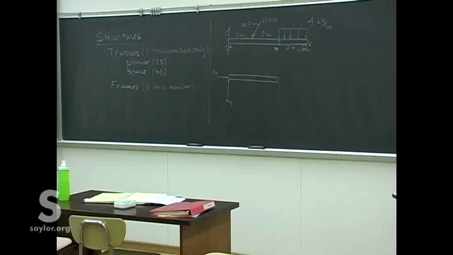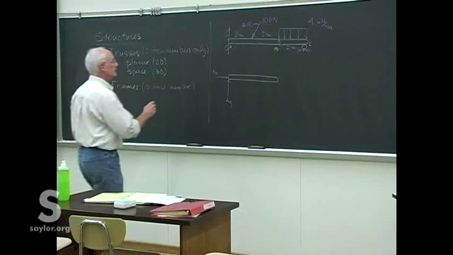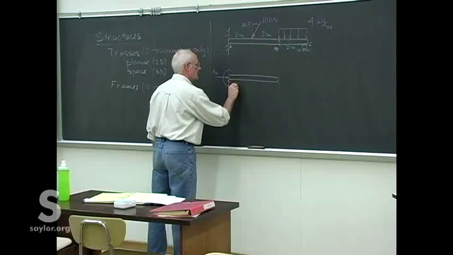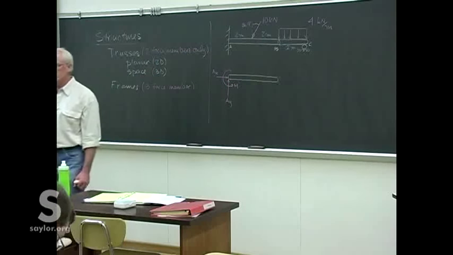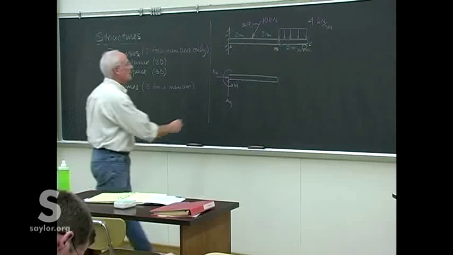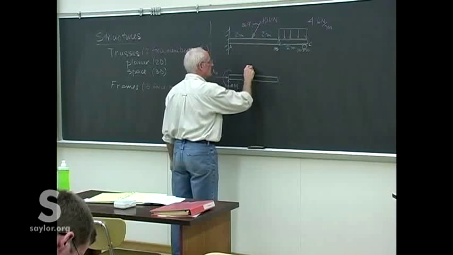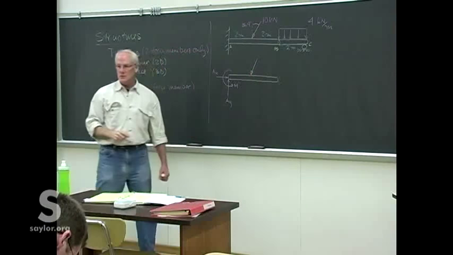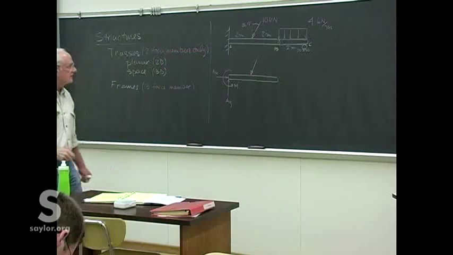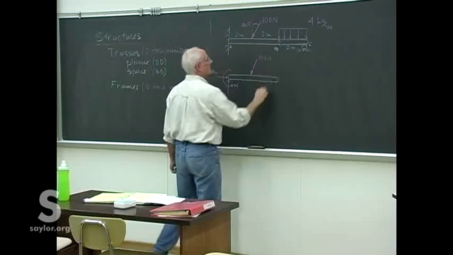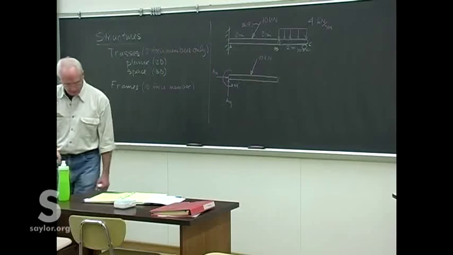So there's some support reaction at the wall, but including a moment because of the embedded nature of that support. And then, of course, we've got the load. And it's up to you whether you want to break it into components right there or not. Have to do it eventually anyway.